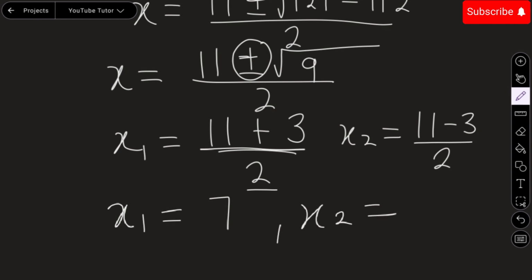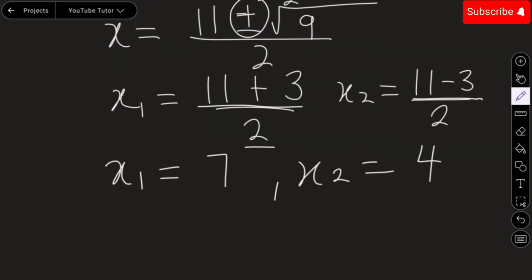While x2 gives us 11 minus 3 is 8. And 8 divided by 2 gives us 4. Okay, so now we have x1 to be 7, x2 to be 4.